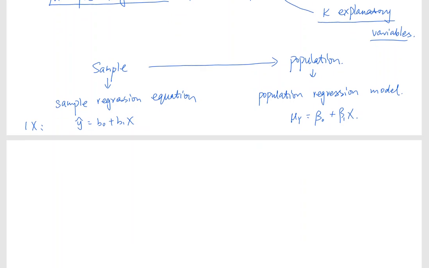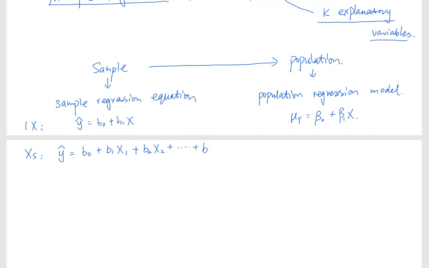Okay, but now we have multiple x's. We have x1, x2, x3, x4, and maybe many of them, as many as you want to add into your regression. So the sample regression equation for the multiple regression will be y hat equals b0 plus b1, where this b1 is for x1, plus b2 times x2, and then keep continuing.